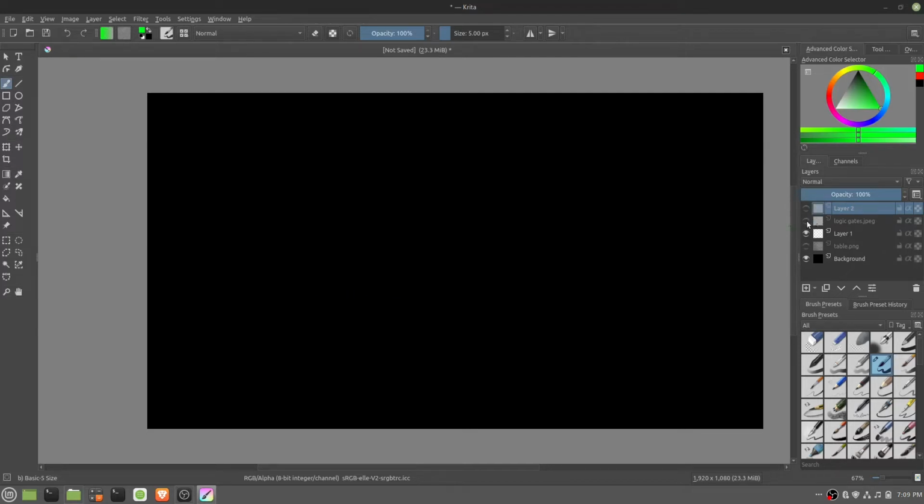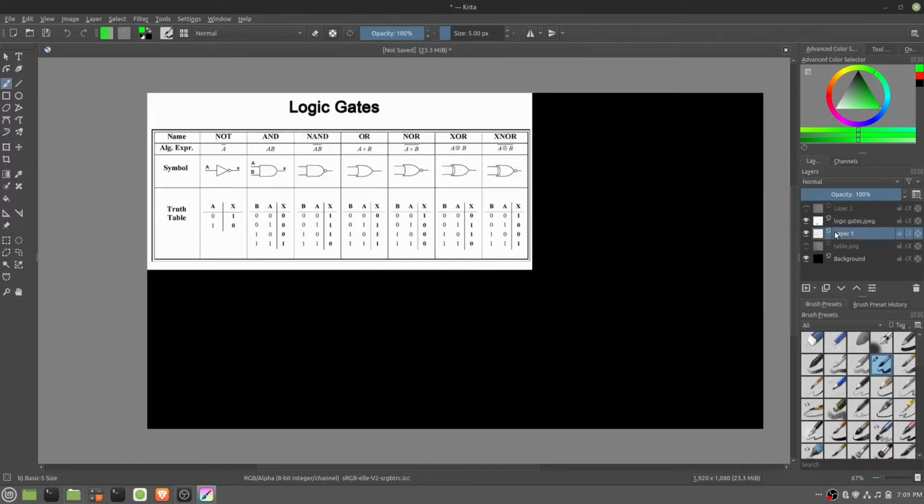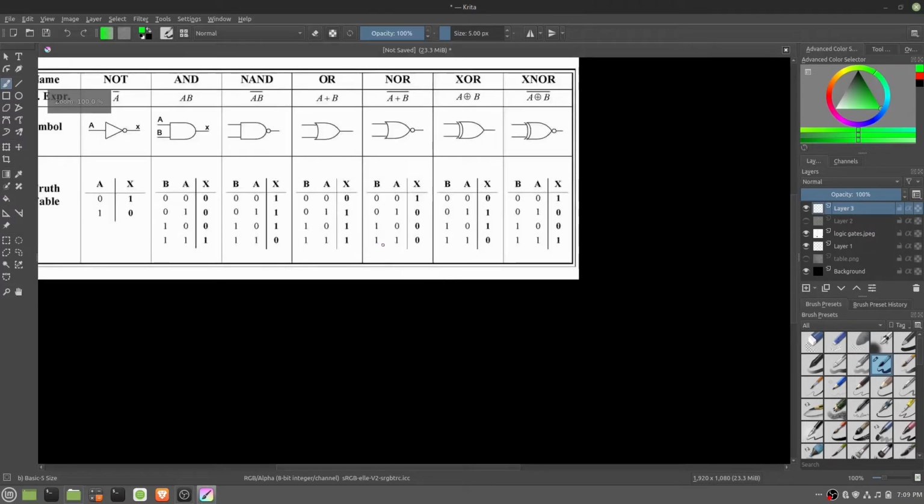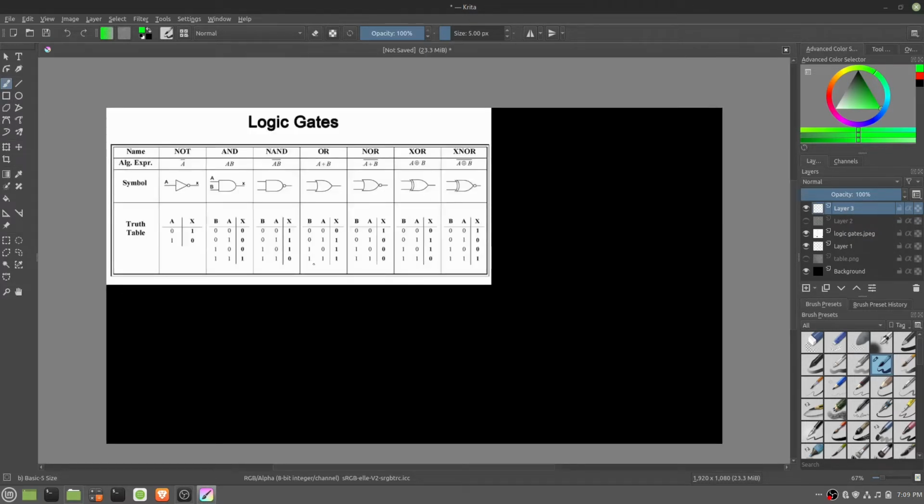But first, we need to look at what this Boolean algebra is. What does it mean? Pretty simple. You have two inputs. It doesn't matter what they are. They could be 0, 1, A and B, X or Y, true, false, yes, no. Doesn't matter.